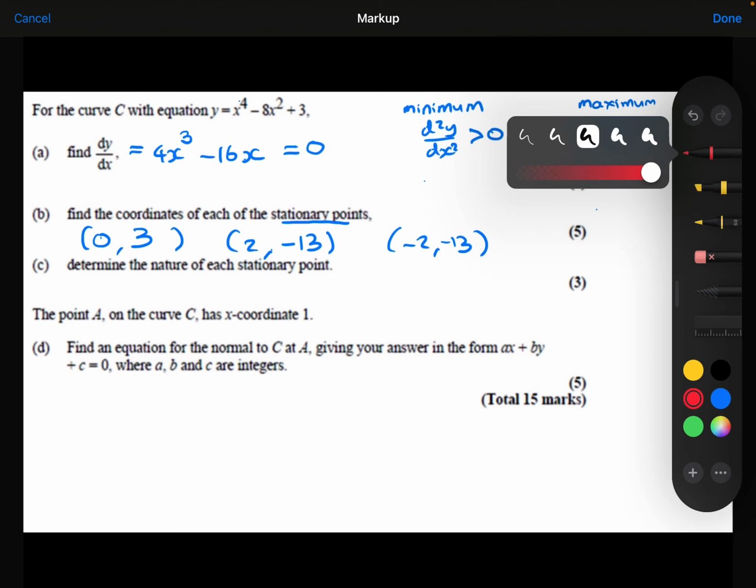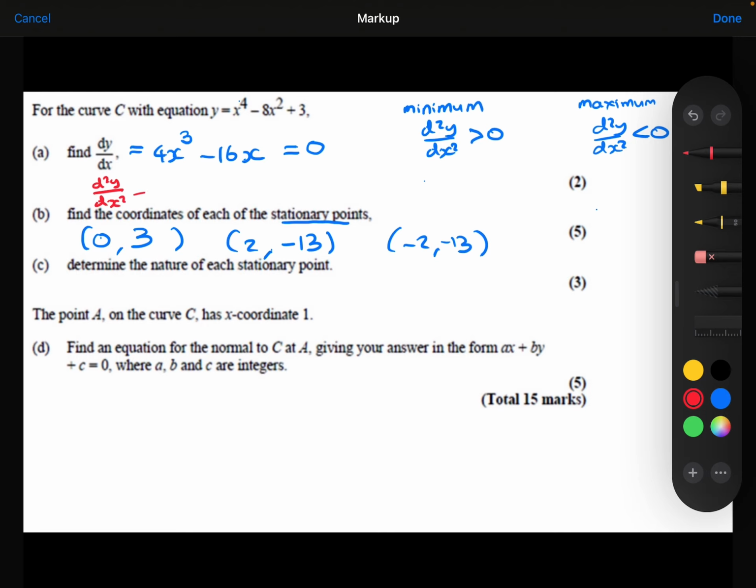So I first have to differentiate for the second time to get the second derivative. When I differentiate 4x cubed, I'm going to get 12x squared. And when I differentiate the minus 16x, I'm going to get minus 16.